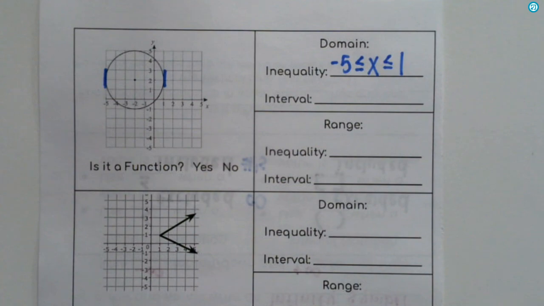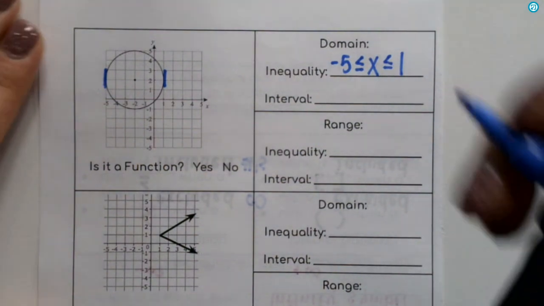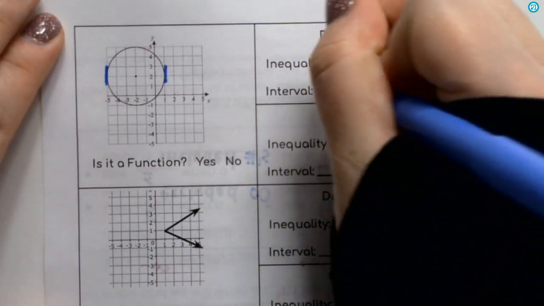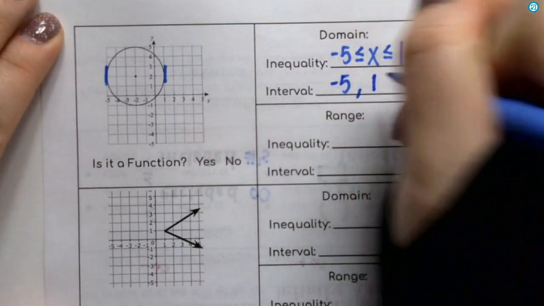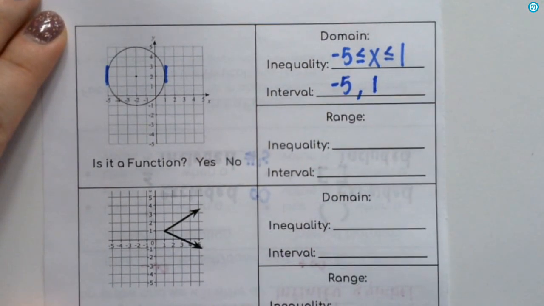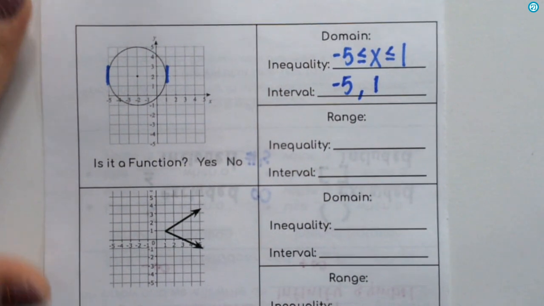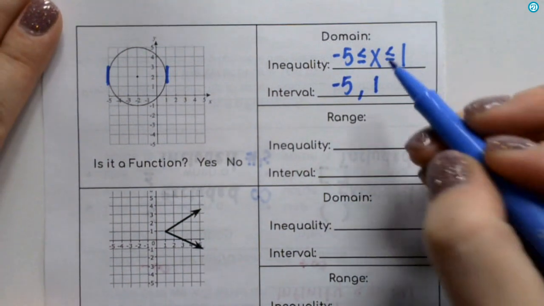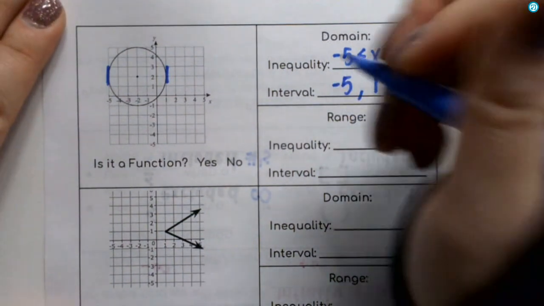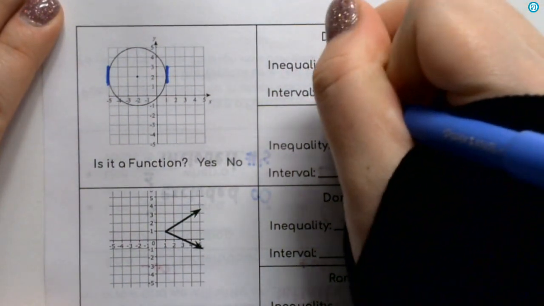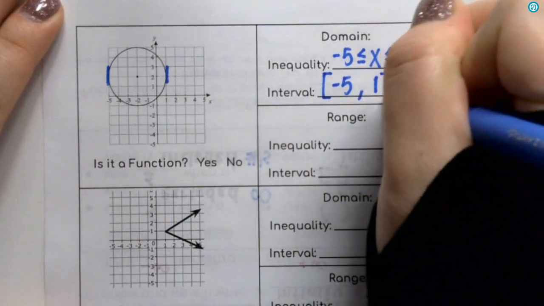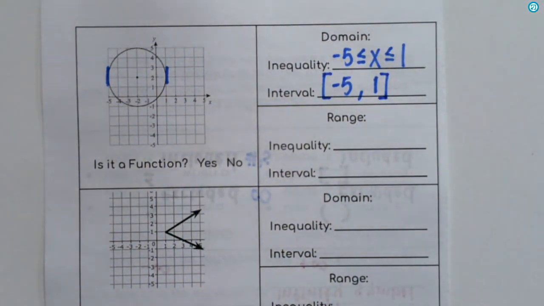To put that in interval notation, I just write those two numbers, so -5 and 1, with a comma in between them. You don't have to list your X on this one. And then because these are less than or equal to symbols, we're going to use brackets. Less than or equal to and brackets always go together.